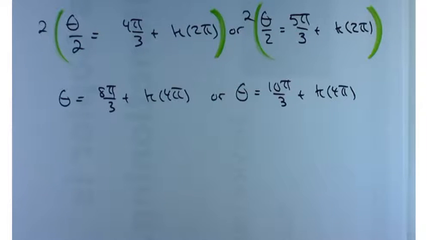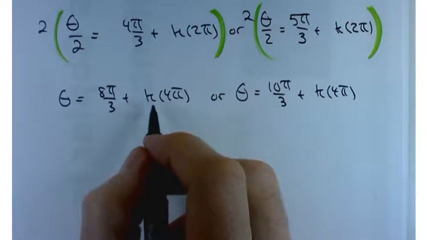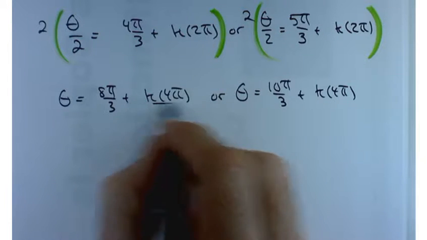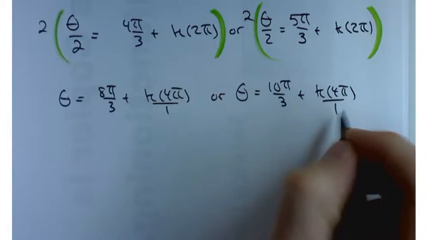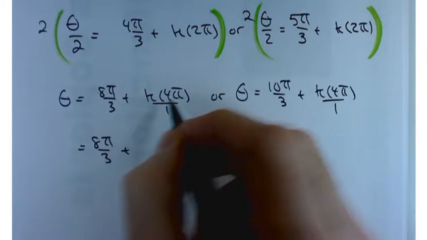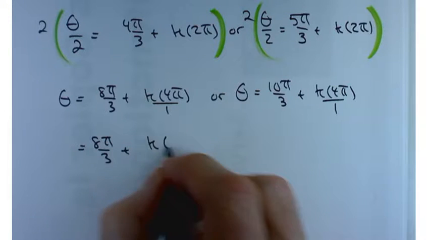Now I'm going to do something that I didn't do in the previous one. I'm going to bring these together. What would a common denominator for these two fractions be? 3, right? So this is 8 pi over 3. If I multiply by 3 over 3, I get k times 12 pi over 3.